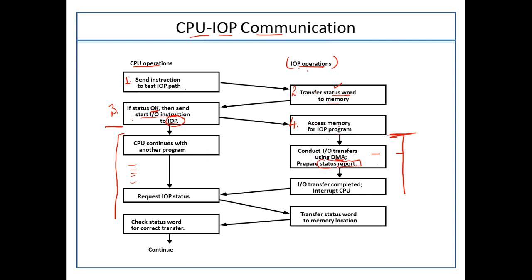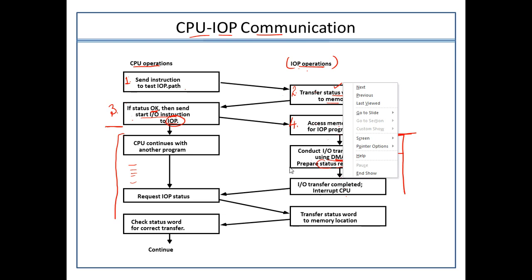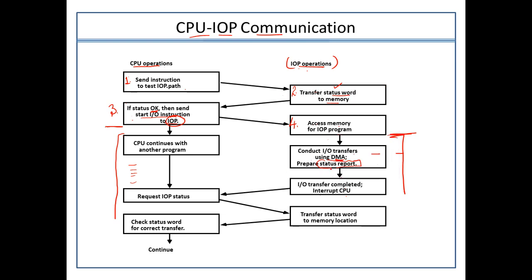Then the IO transfer is completed and it interrupts the CPU. Once the entire operation assigned by the CPU to the IOP has been done, it will start interrupting the CPU that I am done with the things.